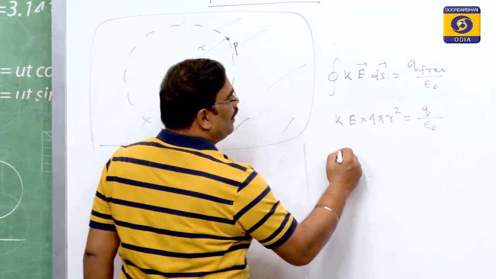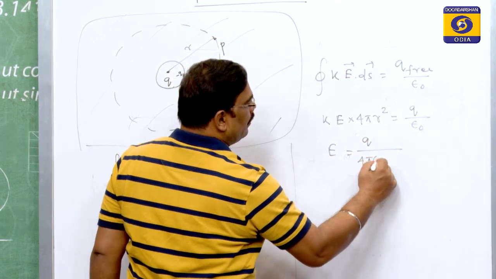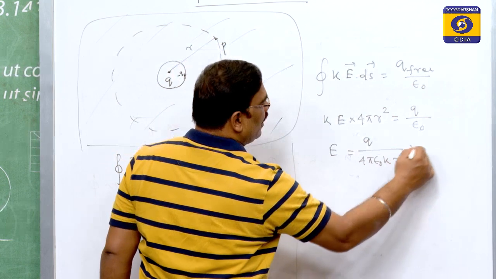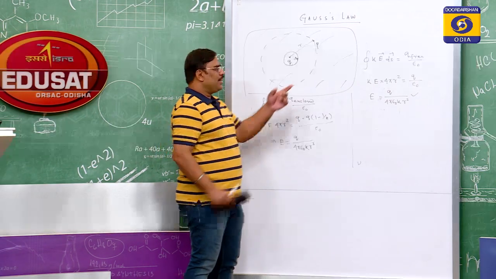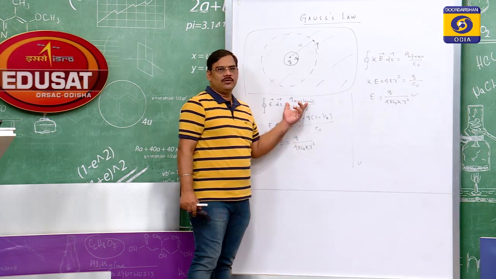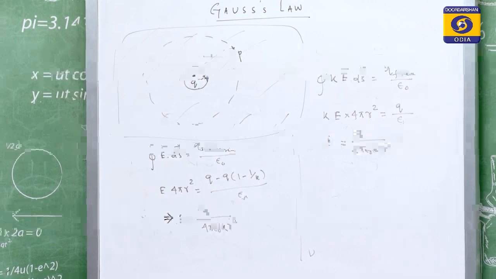So, my E equals Q divided by 4 pi epsilon 0 k r square. You see, whether you apply Gauss law using the free charge or using the total charge enclosed, we are arriving at the same result.